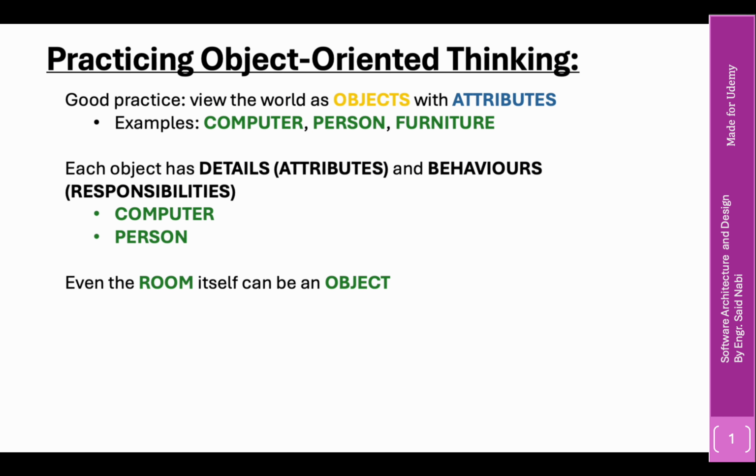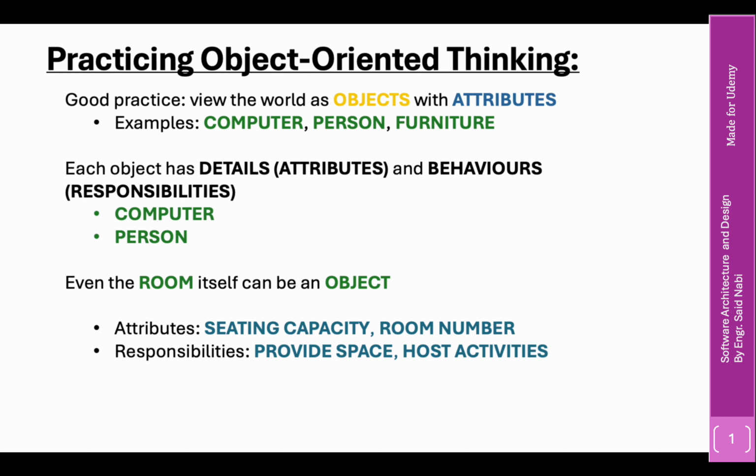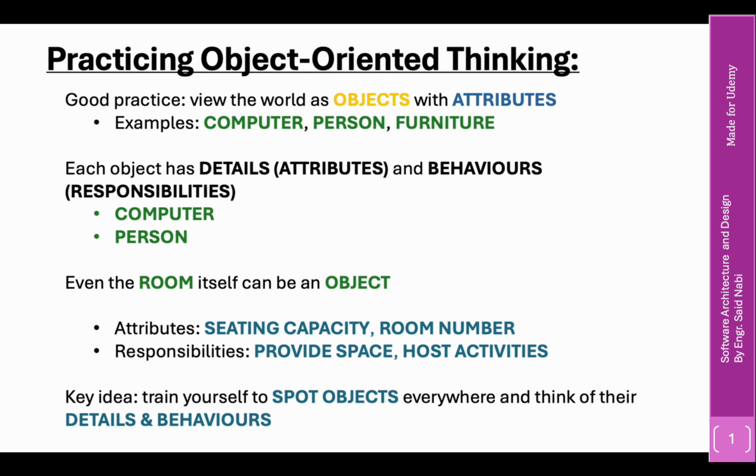How can the room be an object? Does it have some attributes and some responsibilities? Yes, it does. It has some attributes like seating capacity, room number, and it also has some responsibilities like providing space, hosting activities. So that's why the room is an object.